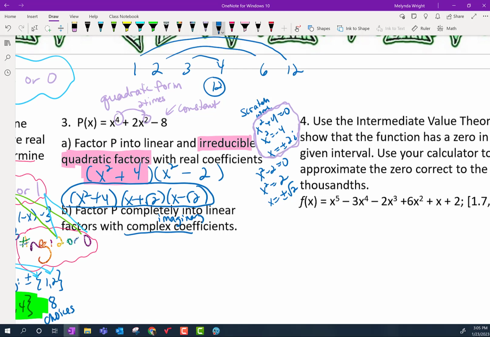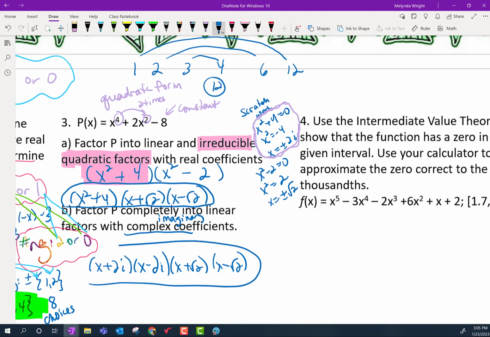And that's going to factor to be x plus 2i, x minus 2i, and I've got my x plus root 2, x minus root 2, and I have done what they asked me to do: go all the way down to linear factors with imaginary coefficients.